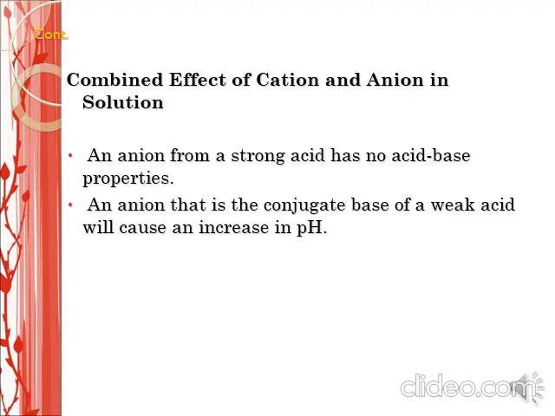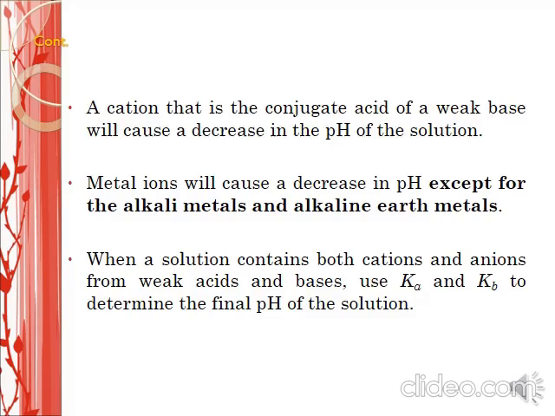Combined effect of cation and anion. Anion from a strong acid has no acid-base property, and anion from the conjugate base of a weak acid will lead to an increase in pH. Cation that is the conjugate acid of a weak base will cause a decrease in pH.